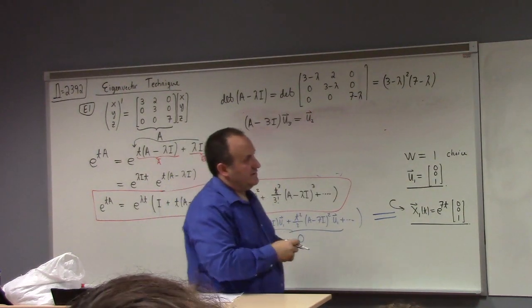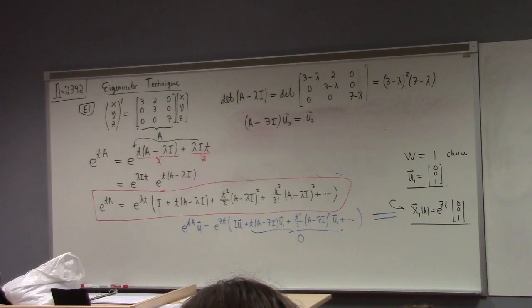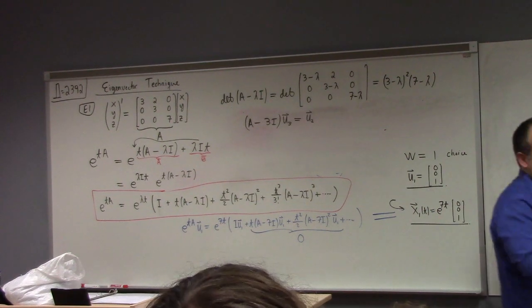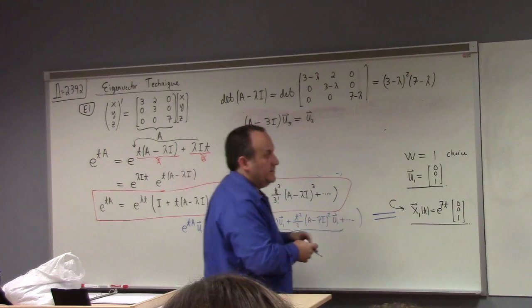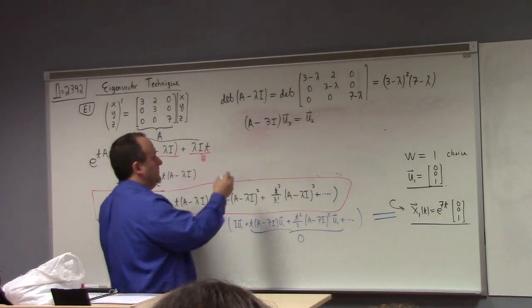Remember, u2 was an eigenvector with eigenvalue 3, right? We worked that out earlier today. If I could find a vector like u3, what would the magic formula do?